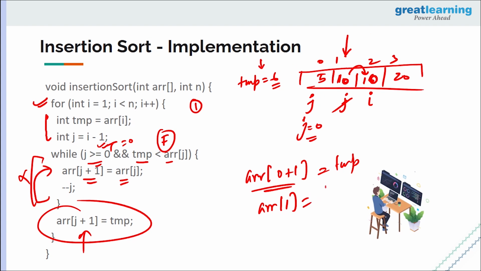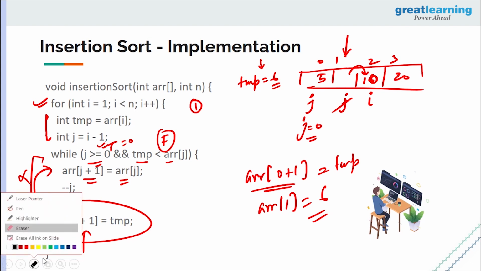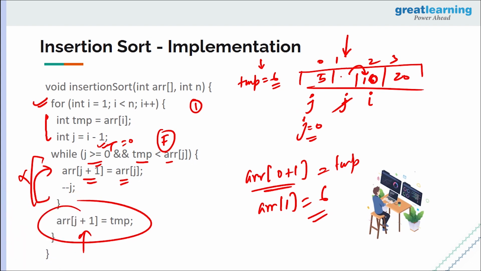So we will overwrite this 10 with 6. So in this position we will be having 6 because of this step. So this step is very important, right? This is the most important step, and it is the one responsible for making all those shifts.